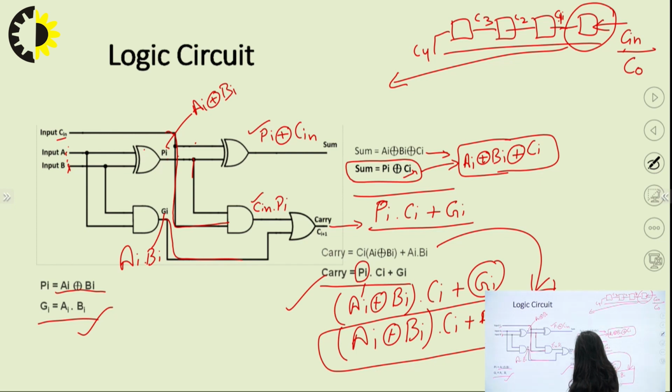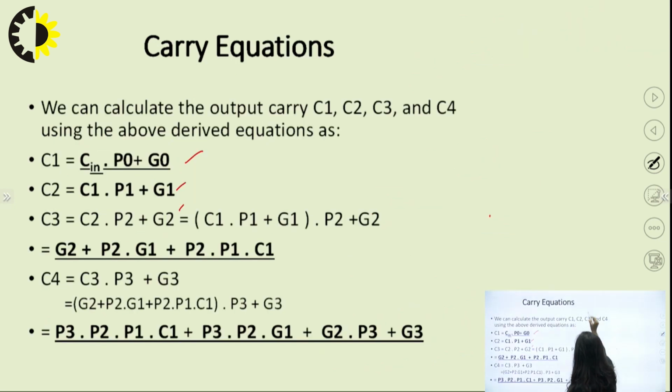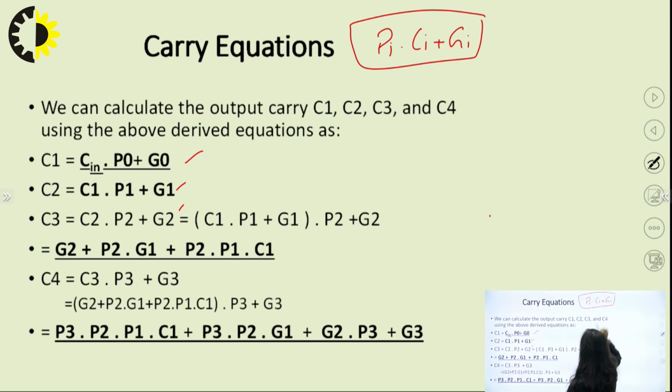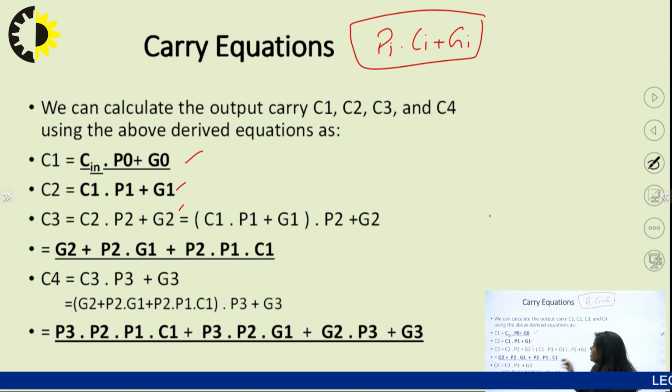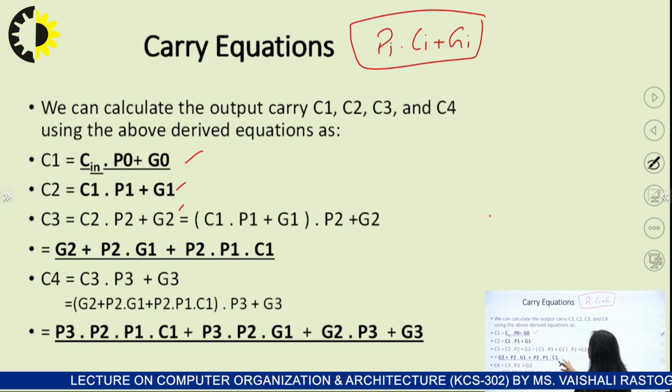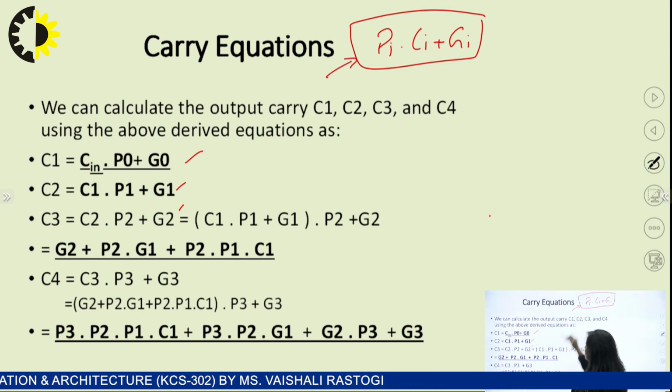Final carry is Pi dot Ci plus Gi. Pi dot Ci plus Gi. This was the equation for carry. So I put the value of Ci as 0, 1, 2, 3, 4, and we have to calculate the value of these carries using this equation.